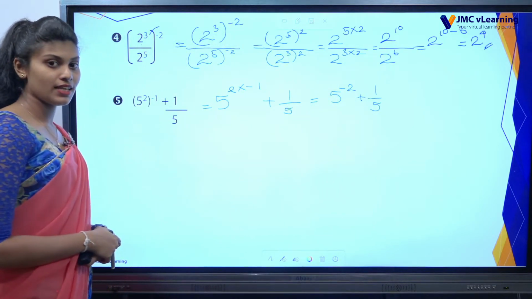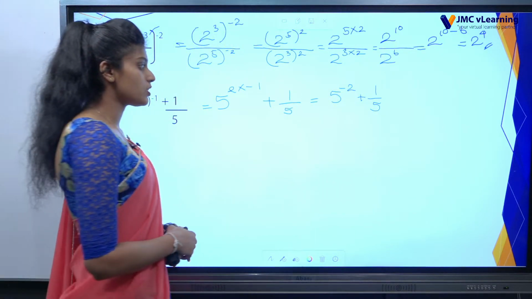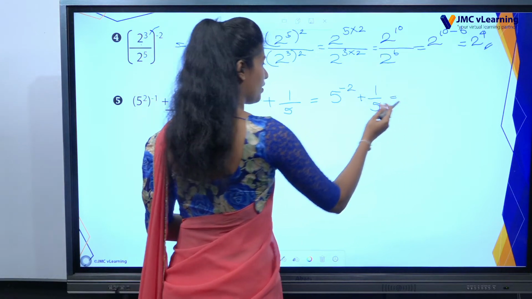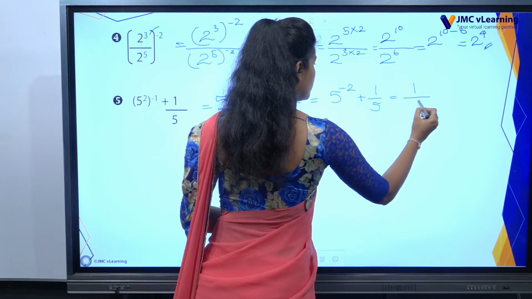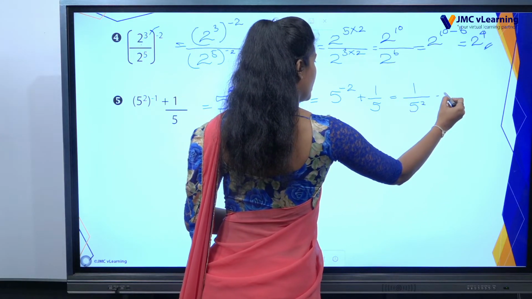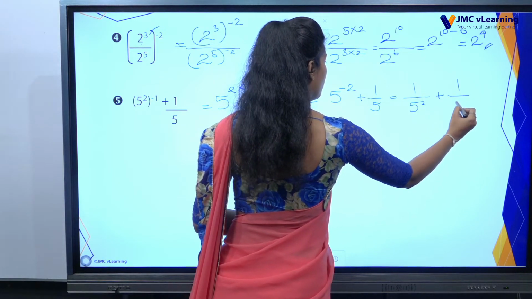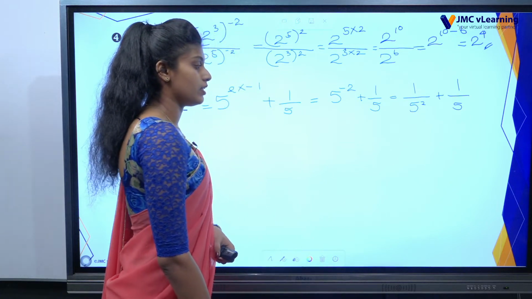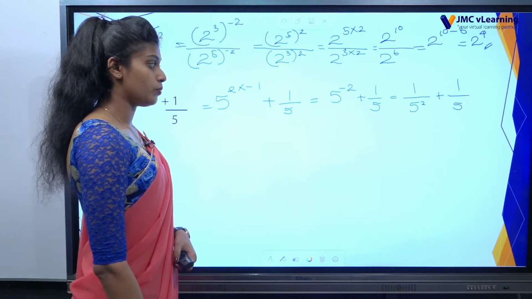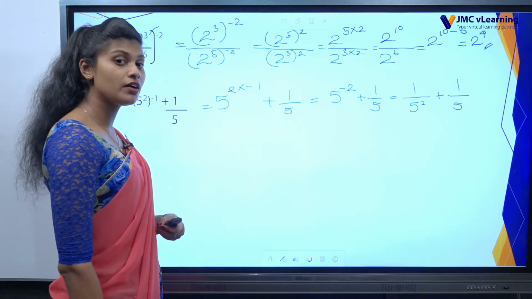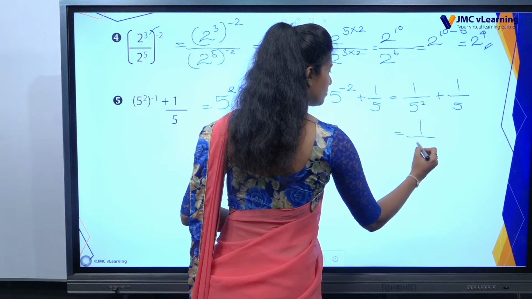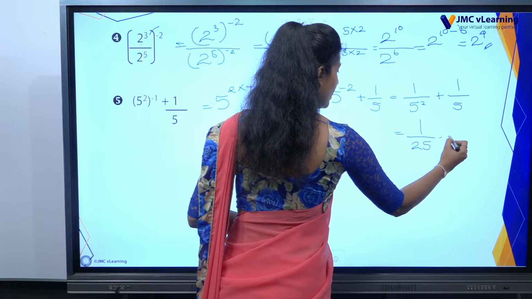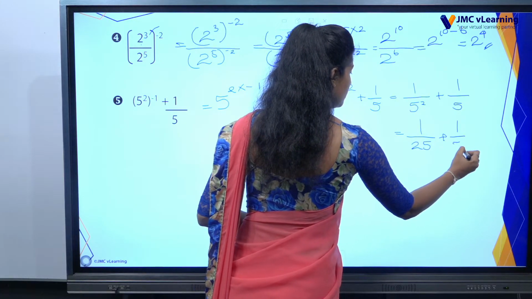This minus index you have to turn into positive, so take it below. Then 1 over 5 to the power 2 plus 1 over 5. 5 to the power 2 means you multiply 5 two times. 1 over 5 into 5, 25, plus 1 over 5.